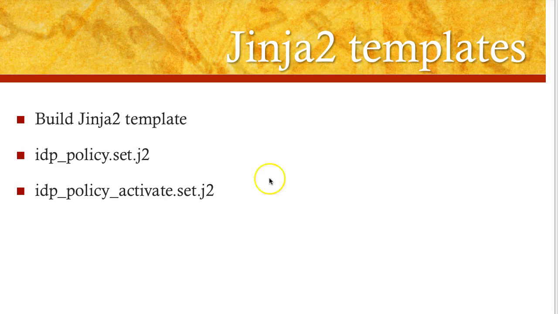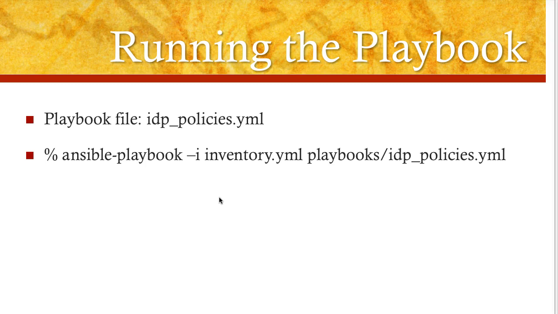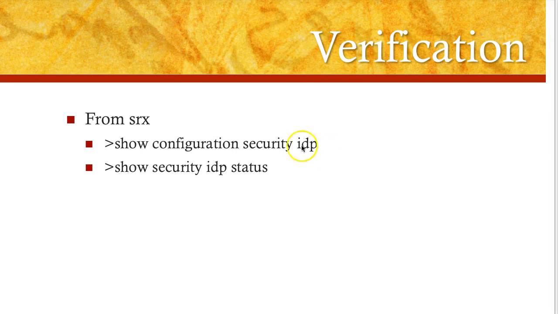The steps we're going to do are to build a Jinja2 template with these two files. One creates the rule set, and the other puts them into the SRX policy. Then we'll run the playbook. It should be pretty straightforward. Then we can verify by looking at the configuration and the IDP status.